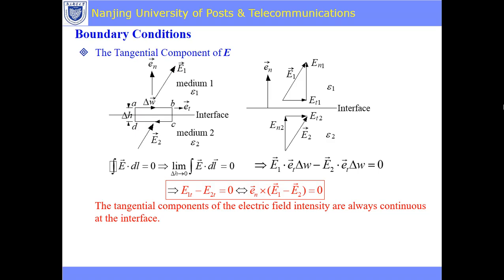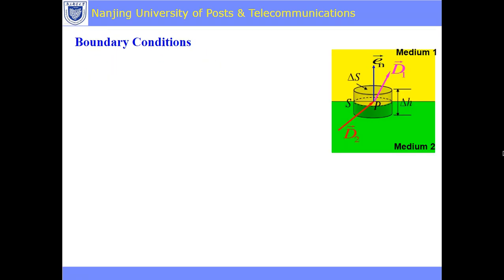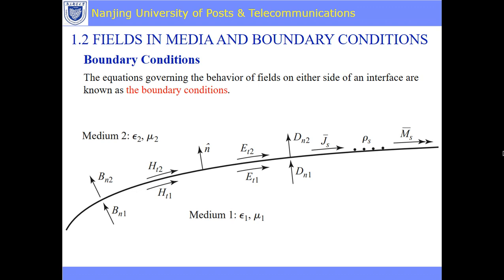What are tangential components? These are tangential components. You can tell from this figure that they are moving along the surface. Keep that in mind: those tangential components are not changing.